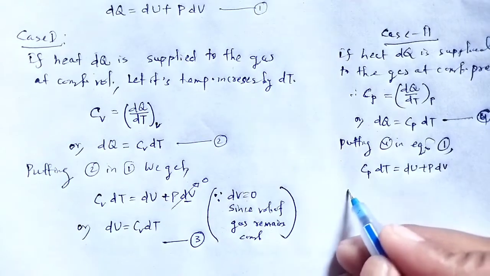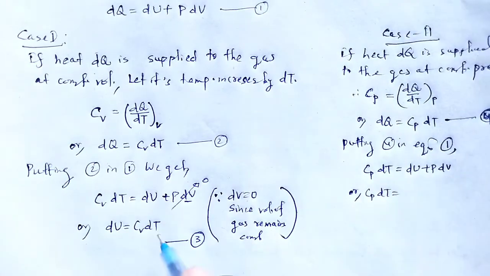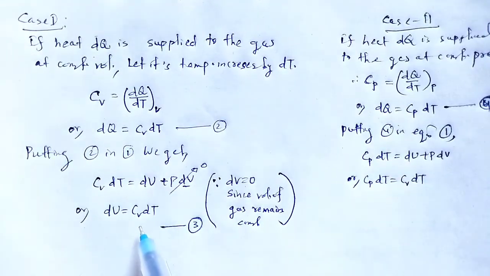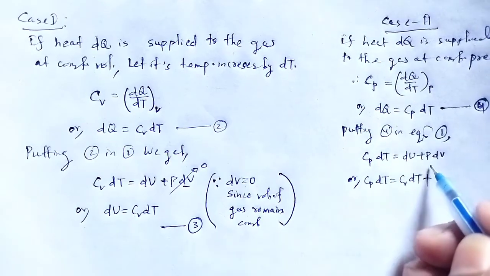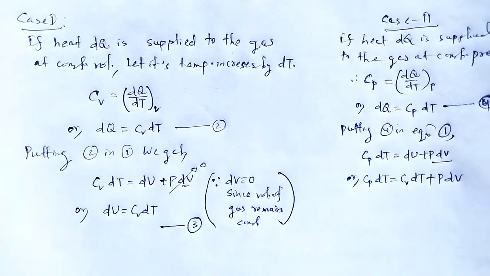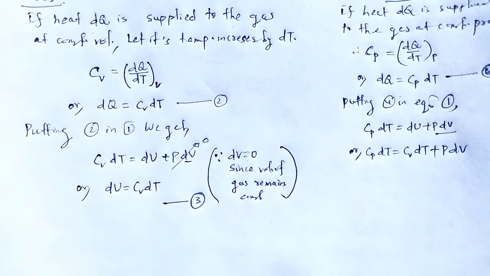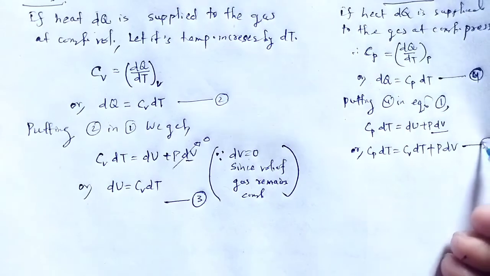Here du is equal to Cv dt from equation number 3, so Cp dt is equal to Cv dt plus pdv. Look how I solve this. Taking this as equation number 5.